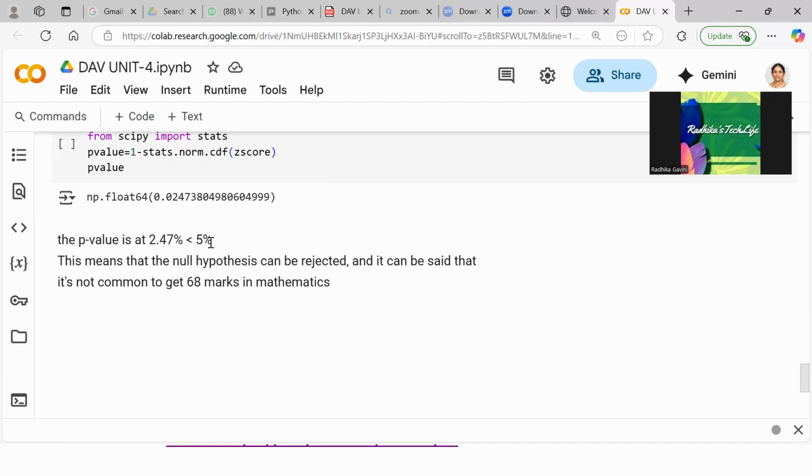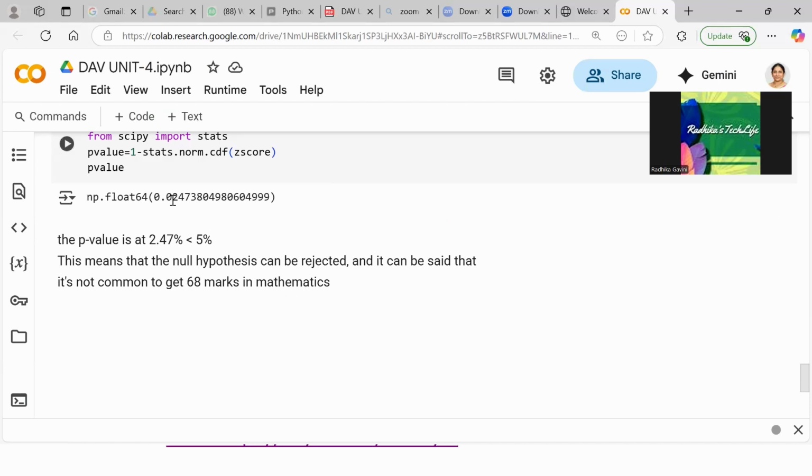5% is the significance value. So since the p-value that we got is less than 5%, it means that the null hypothesis can be rejected and it can be said that it is not common to get 68 marks in mathematics.